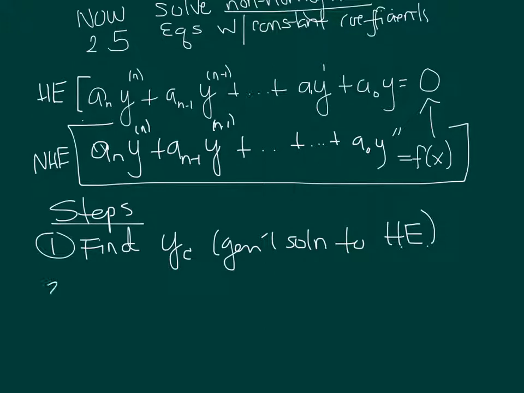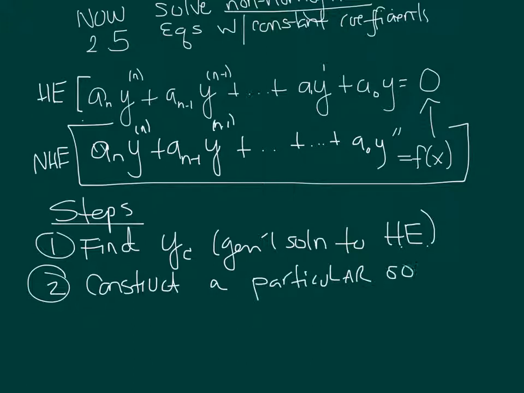The next step is that we want to construct a particular solution to the non-homogeneous equation, and I'm going to call that y sub p.